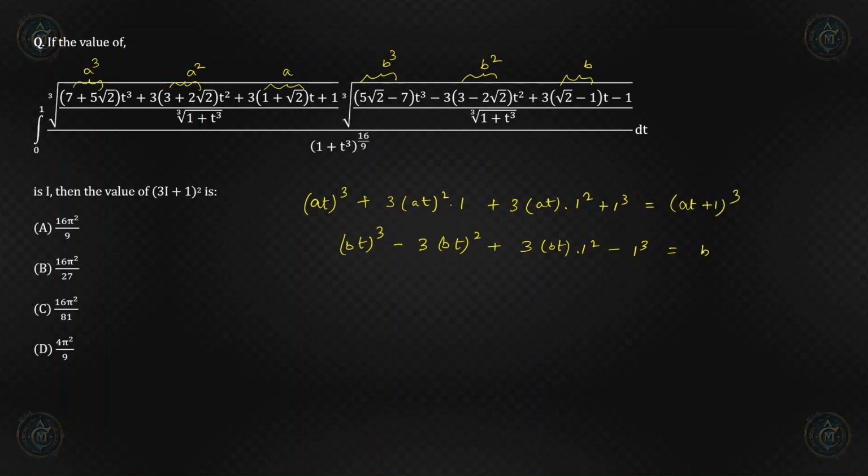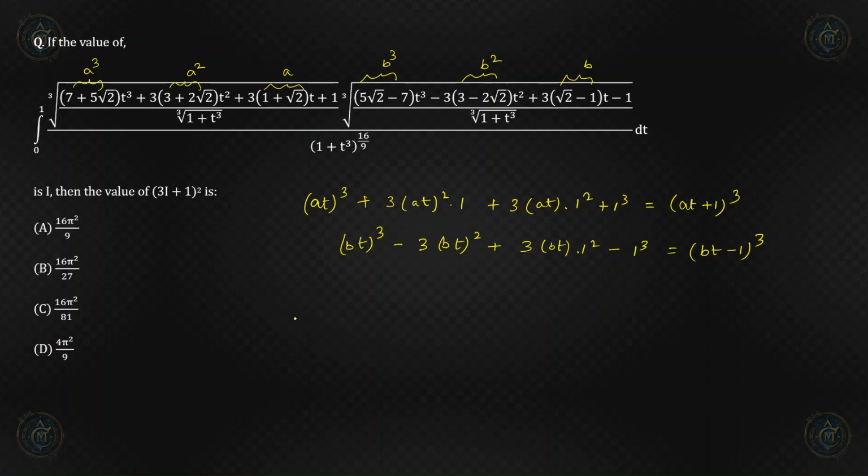This is nothing but bt minus 1 whole cube, right? So these terms are nothing but cubes, and when we raise them to the power 1 by 3, we get exactly 80 plus 1 and bt minus 1, okay.